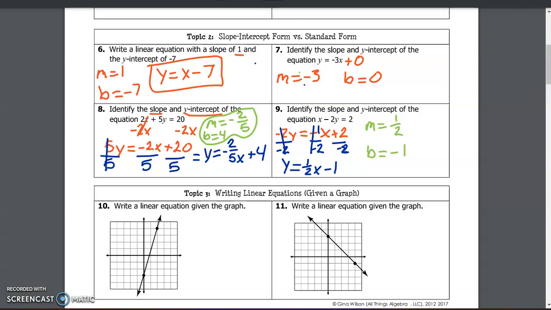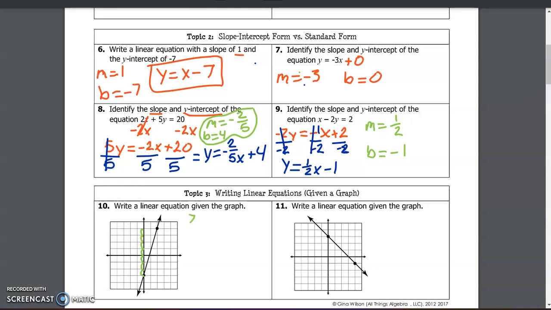Now, on 10 and 11, all we're doing is you look for two things: your slope and your y-intercept. It doesn't really matter which one you look for first. I'm just going to do slope first, and that's just rise over run. So I start at this bottom point. I count 1, 2, 3, 4, 5, 6, 7.